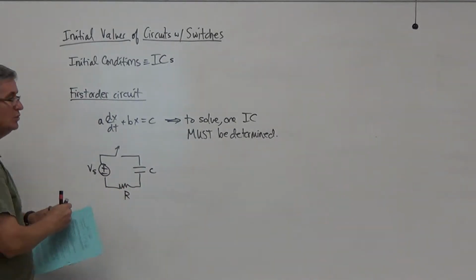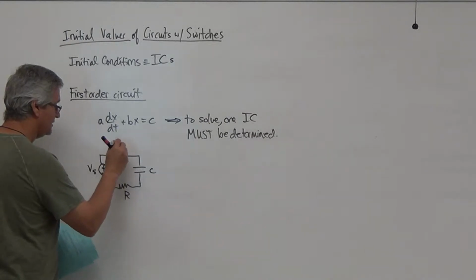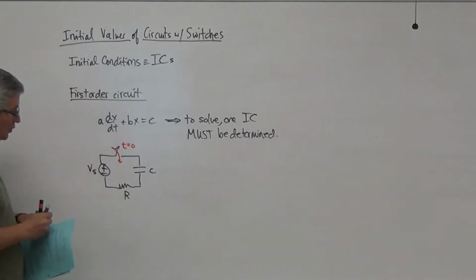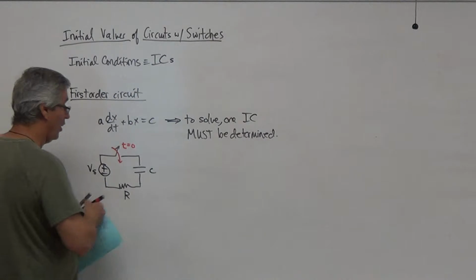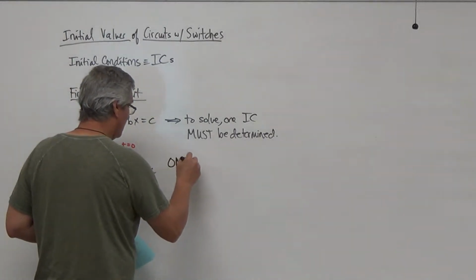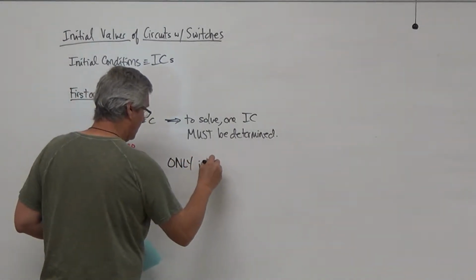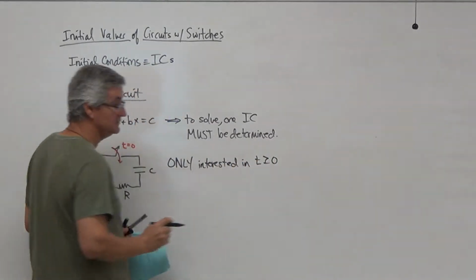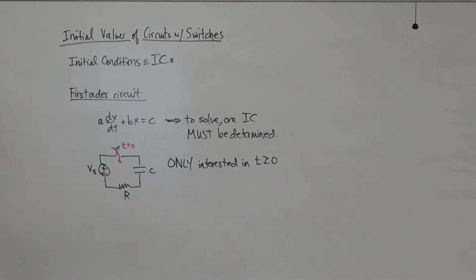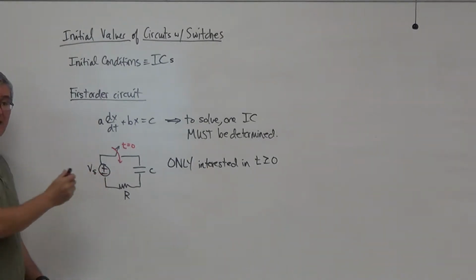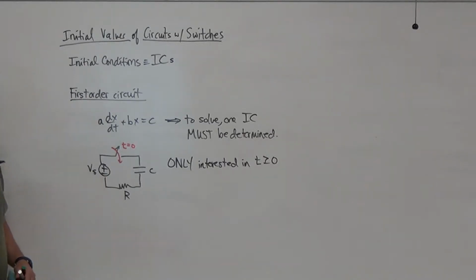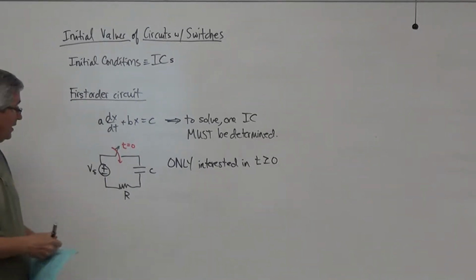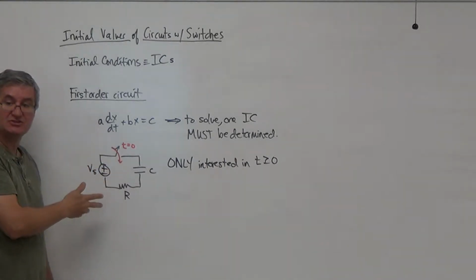When I throw this switch at t equals 0, what you're going to find here is that we are only interested in t greater than or equal to 0. I typically am not interested in what happened beforehand. But the problem is, once I throw the switch, I got to solve the first order differential equation.